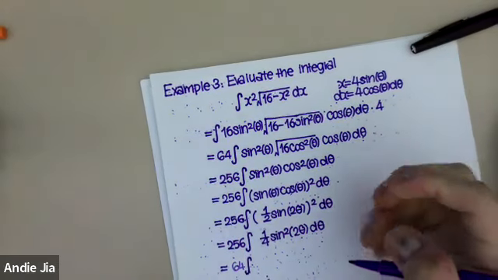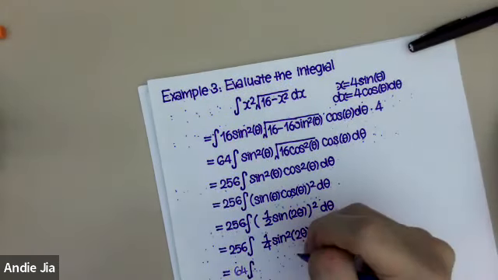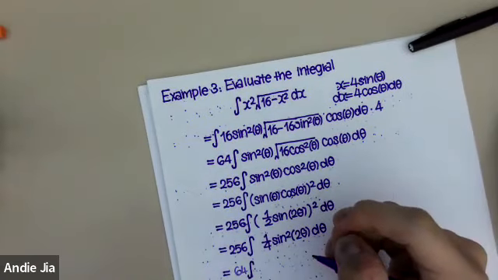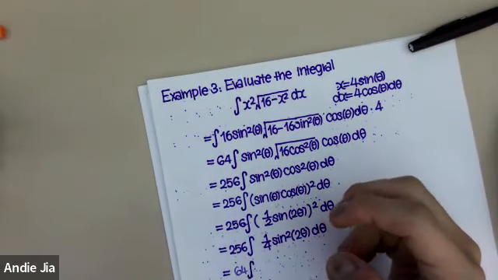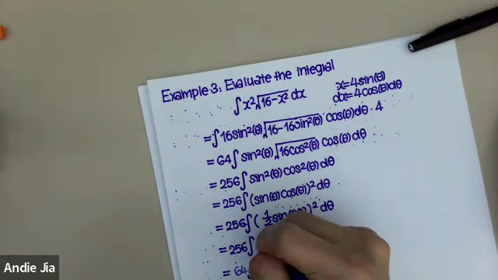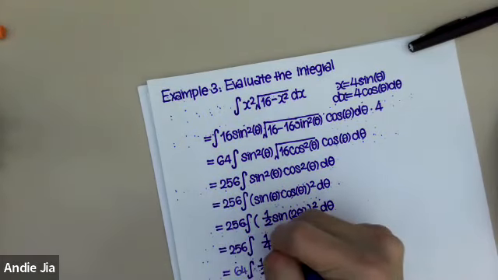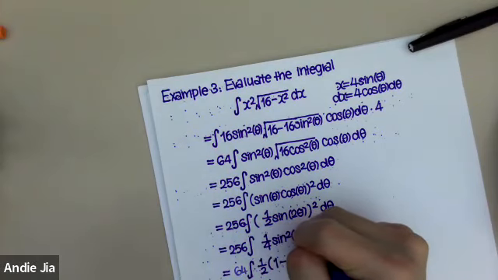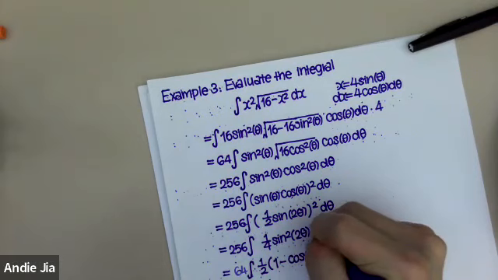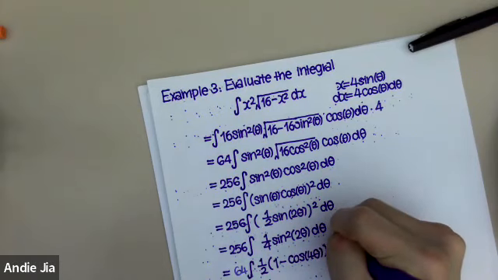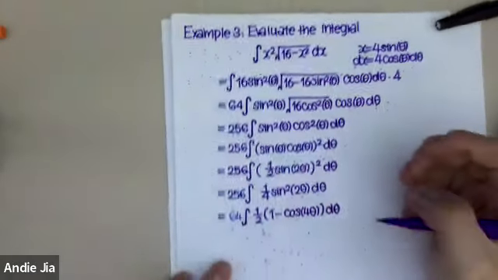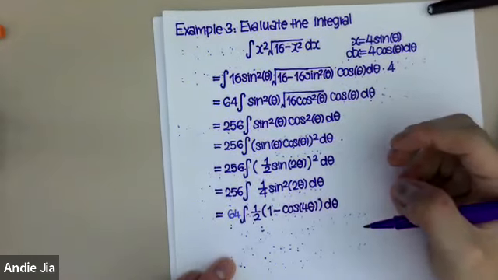And so it's going to be 1/4, sine squared, so it's going to be 1/2 times 1 minus cosine of 4 theta d theta, and then integration.